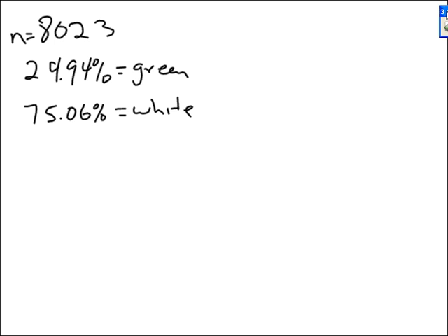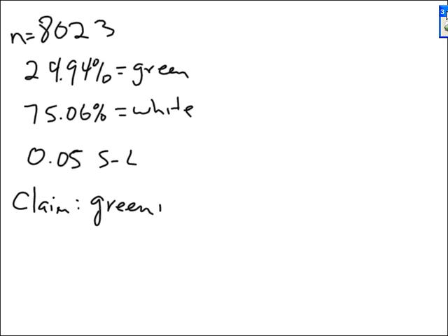Now suppose you want to do a hypothesis test at a 0.05 significance level. You want to test the claim that the green peas occur at a rate of 25%.